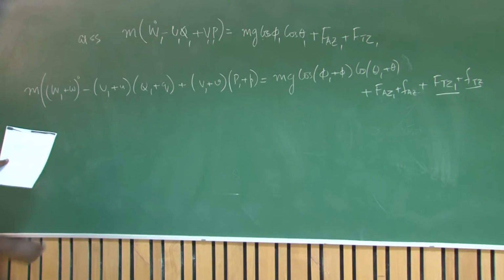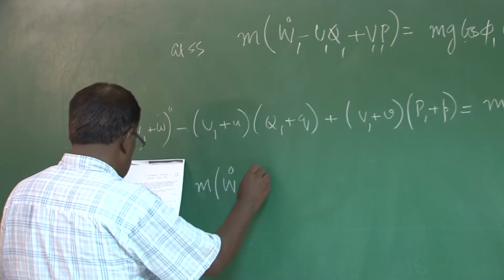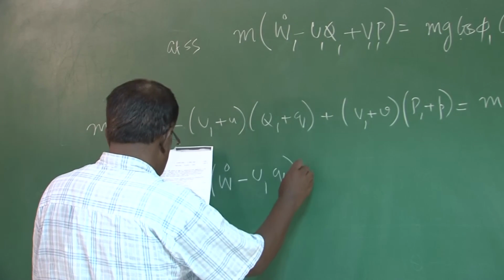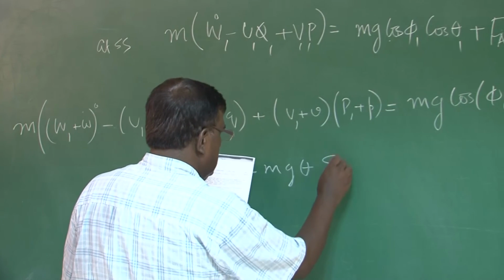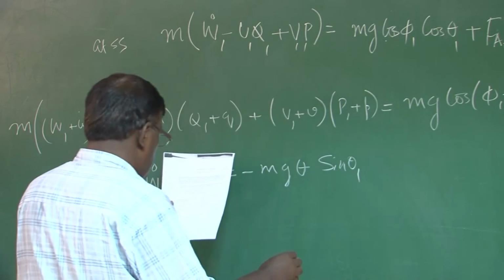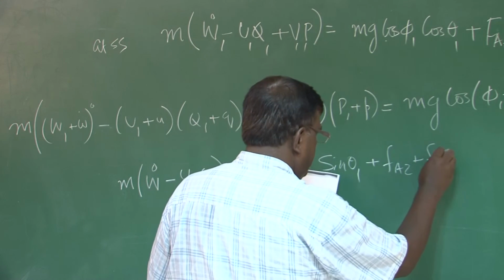Finally, you will get an equation of this form: m w dot minus u1 q equal to minus mg theta sin theta 1 plus f_az plus f_tz.